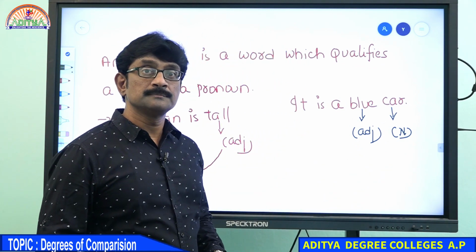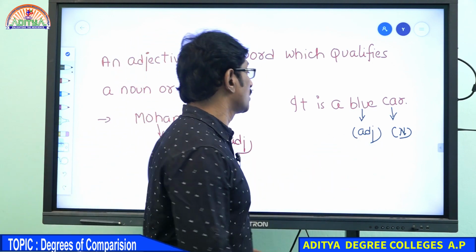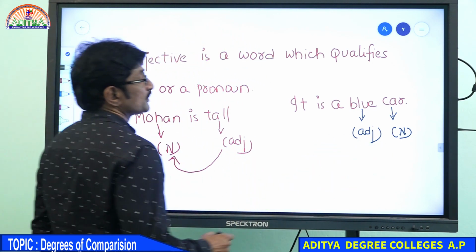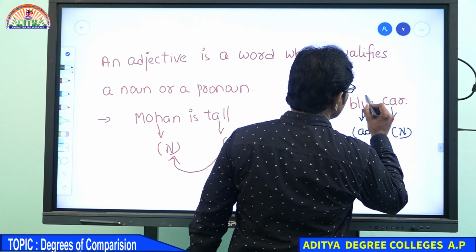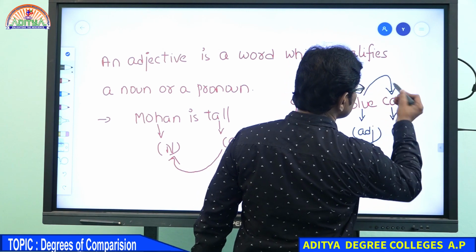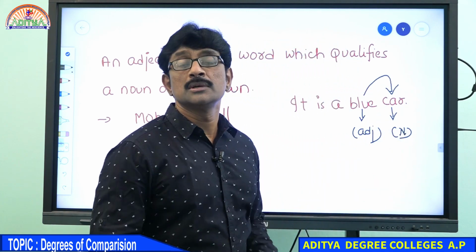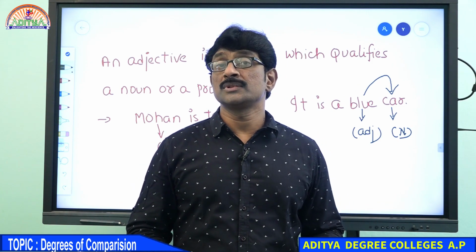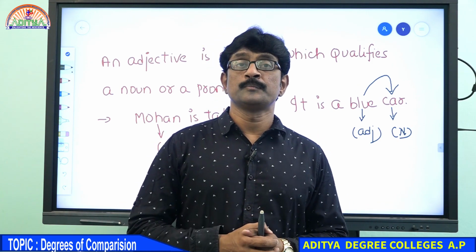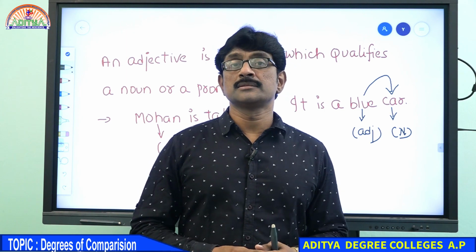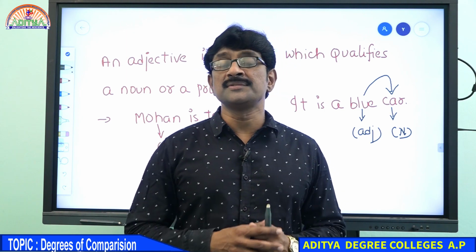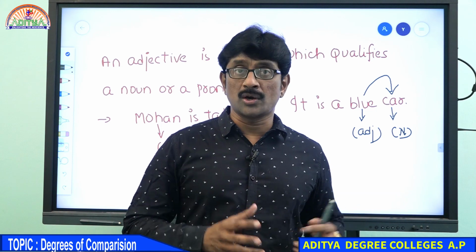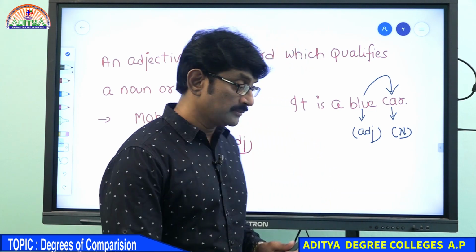It is a blue car. So here, the blue word is the characteristic of the noun. With the help of the word blue, we can identify the car there. Okay?